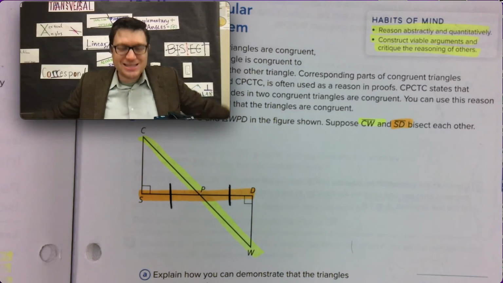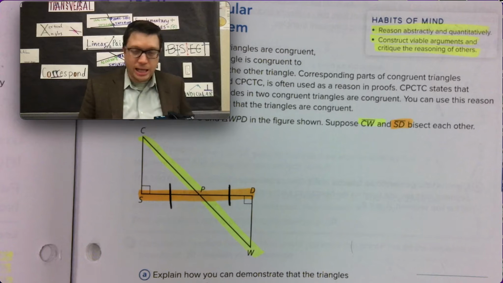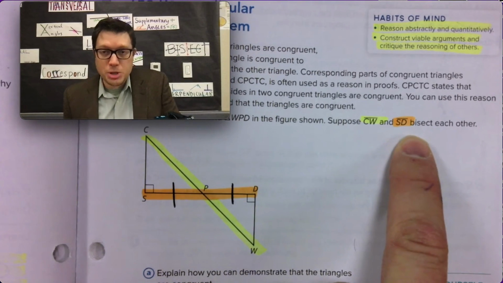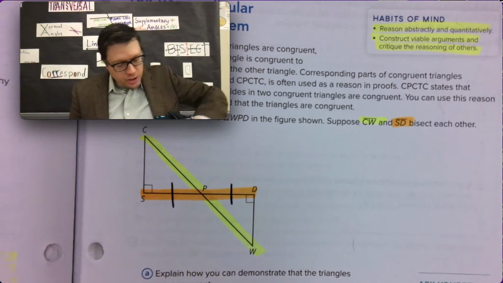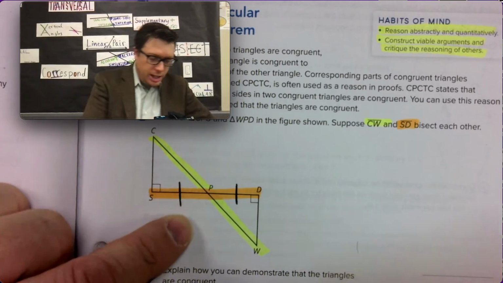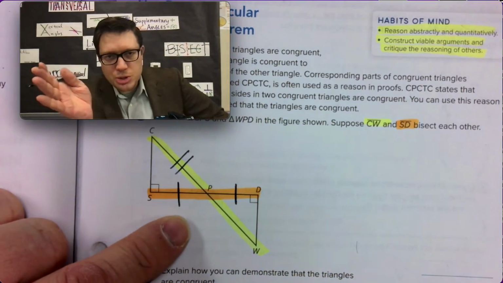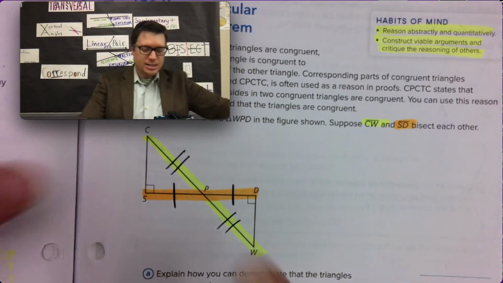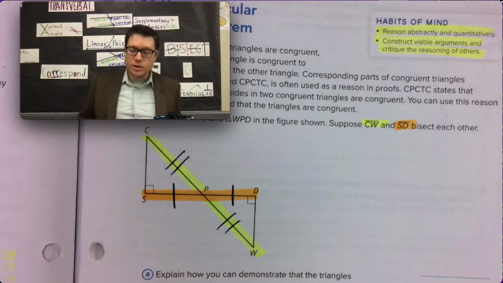Those two sides are the same length. Half and half, 1 and 1. Now, CW is also bisected by that orange line. So if CW is bisected in the middle, then two spikes, you have to use two. You've already used one. Two spikes tells us that CP and PW are the same.